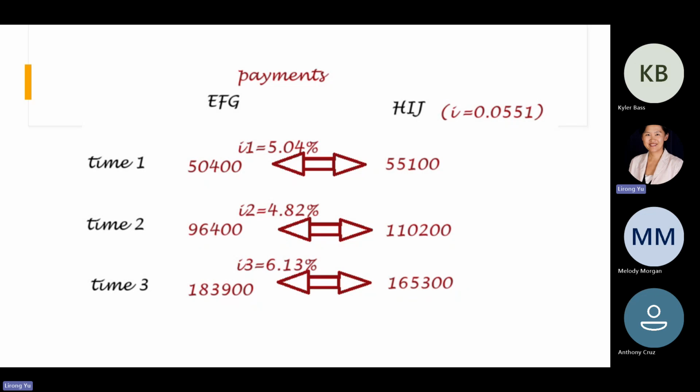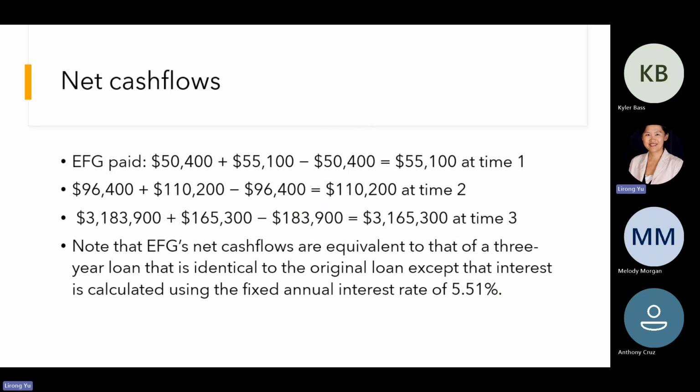I put the interest rate on the picture so you can see those calculations are being calculated using the floating rate. On the other side, HIG is receiving the fixed rate. Okay, so now the actual payment, the exchange of the cash flow, is the net cash flow. And you can see sometimes EFG is paying more, and sometimes HIG has to pay.